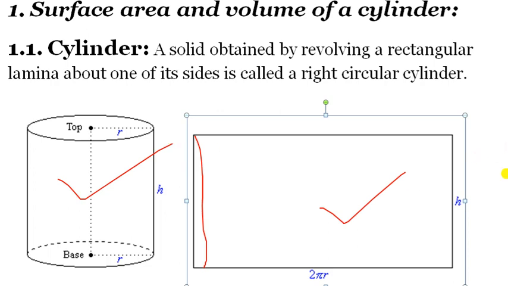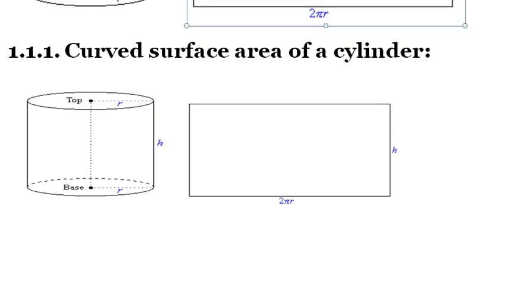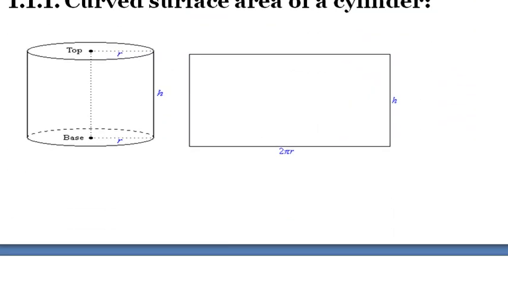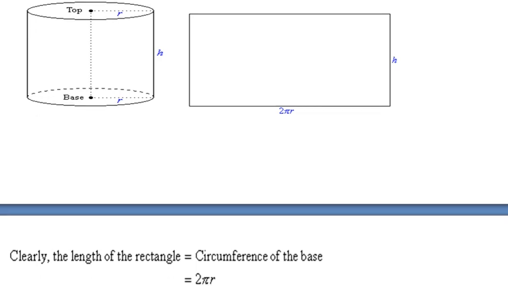Now we'll know the formulas of a cylinder. First one is curved surface area. Yesterday I explained curved surface area.